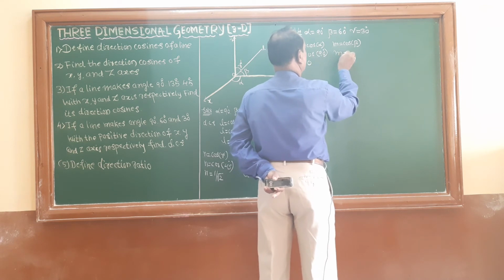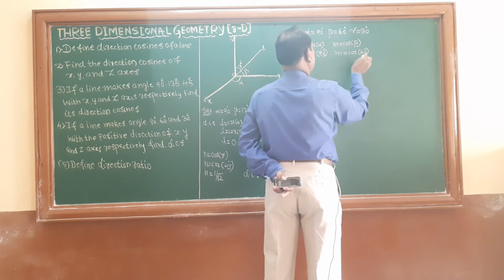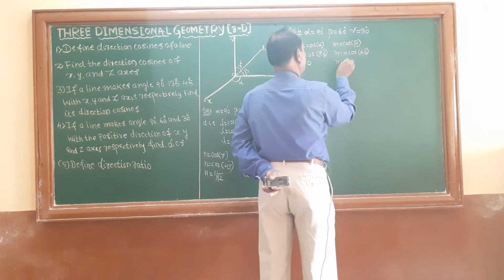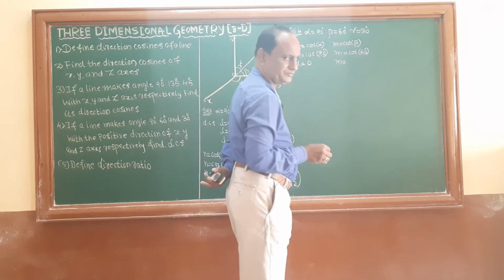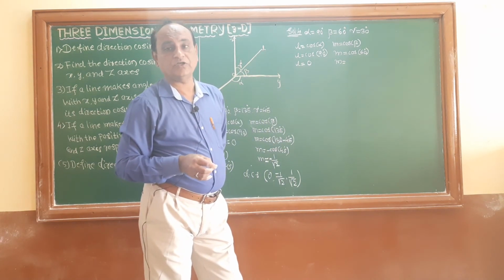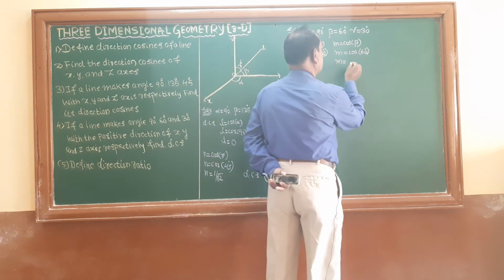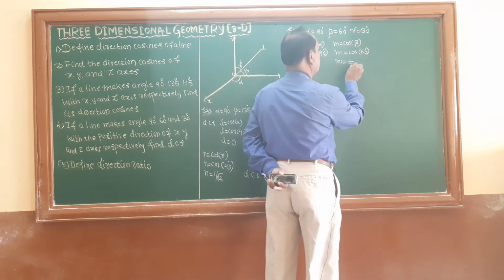Therefore m is equal to cos beta, and beta is 60 degree. Therefore m is equal to cos 60, which is 1 by 2.